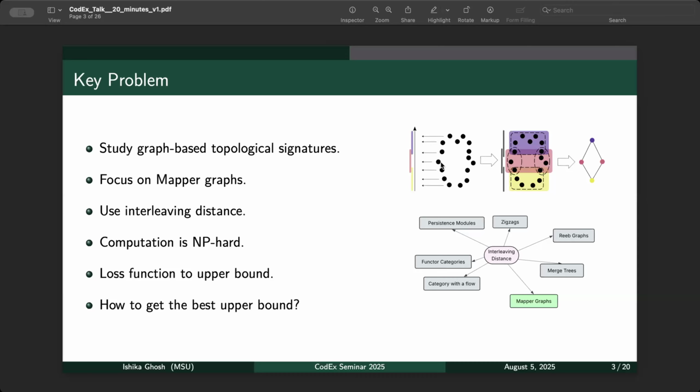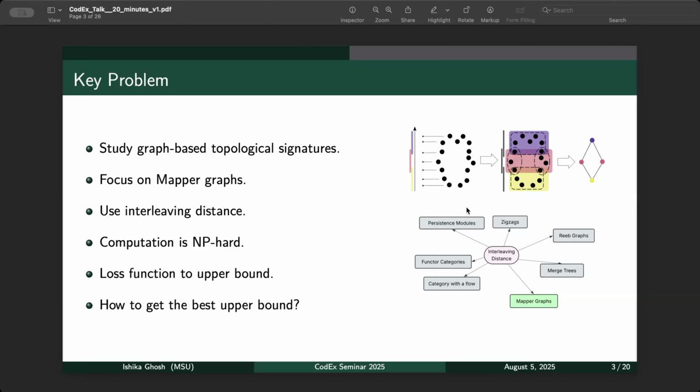If we have some overlapping cover of that range, we look at each corresponding cover element and cluster these points, and we construct a vertex for each cluster. So mapper captures the connected component information with respect to this cover. Each cluster gives me a vertex in my mapper graph, and we can join these vertices using the points available in the overlap.